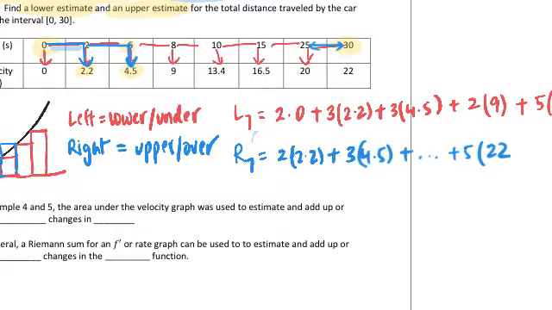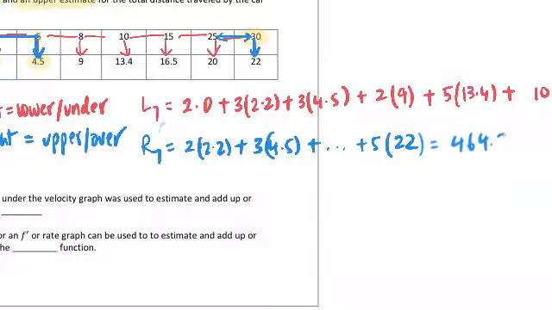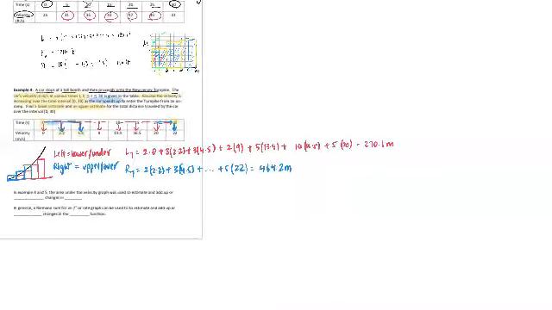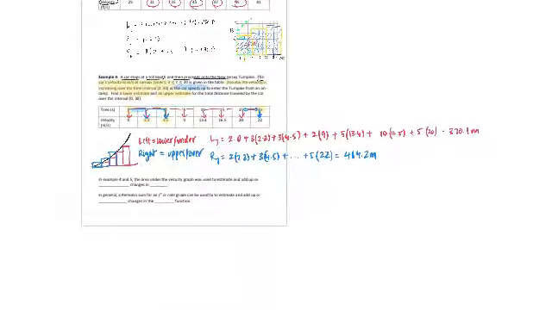The final answer here would be 464.2 meters. This would be the upper, and the lower was 370. The exact area under that curve, if you actually knew the curve, will be the distance traveled, and it has to be between these two estimates, lower and upper.